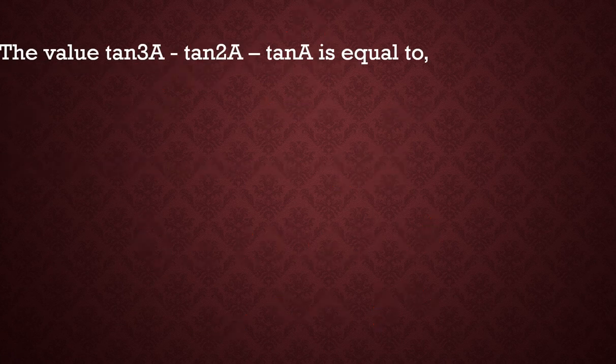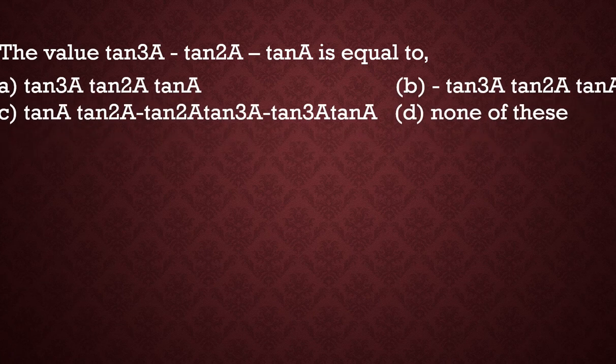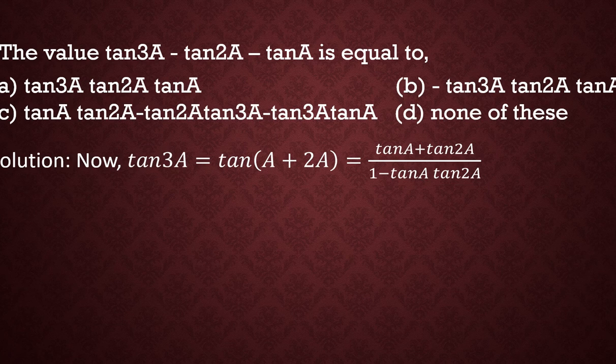The next one will be the value of tan 3a minus tan 2a minus tan a is equal to. This is a frequently asked question. So these are the options. We can write tan 3a as tan of a plus 2a. So we apply the formula: tan of x plus y is tan x plus tan y divided by 1 minus tan x into tan y.